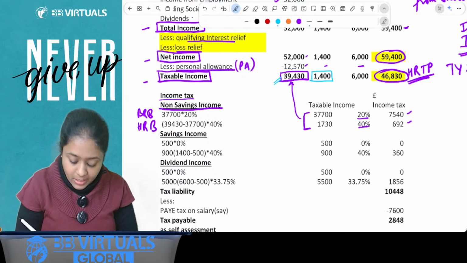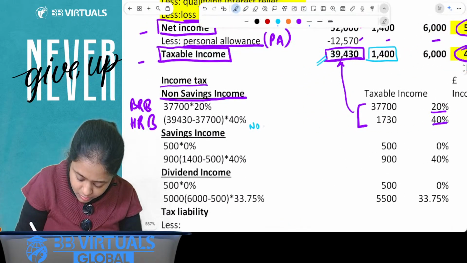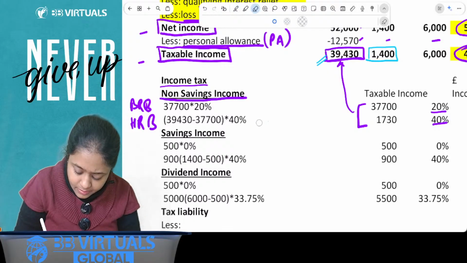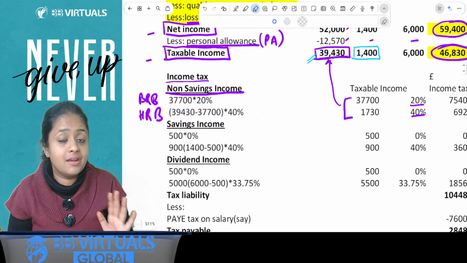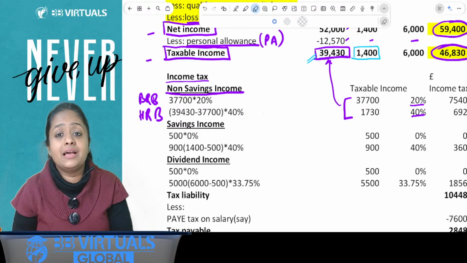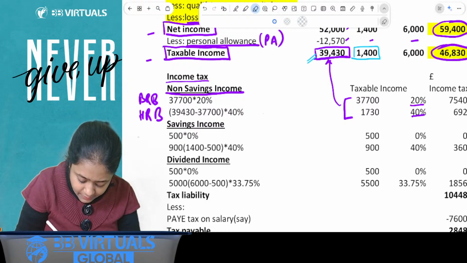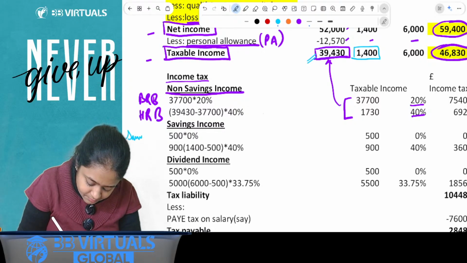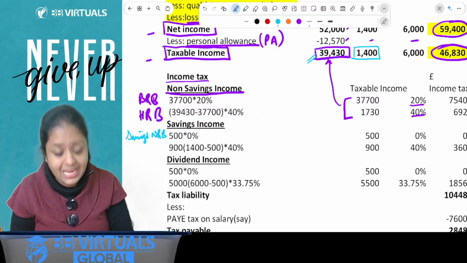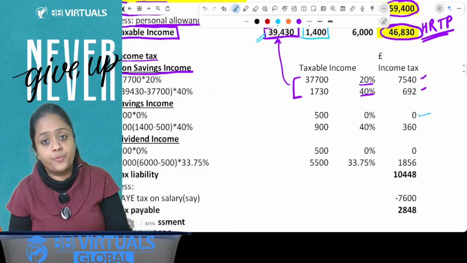Now, since he is a higher rate taxpayer, he will get 500 as the savings nil rate band, which will be taxed at 0%. So 500 taxed at 0%, tax is 0.